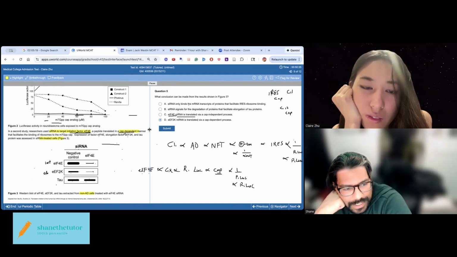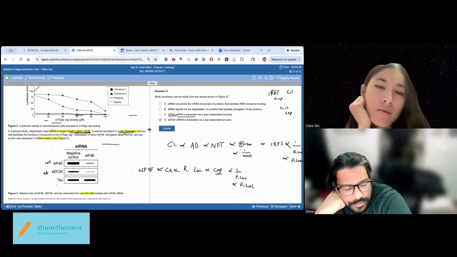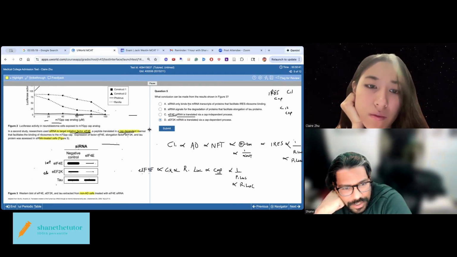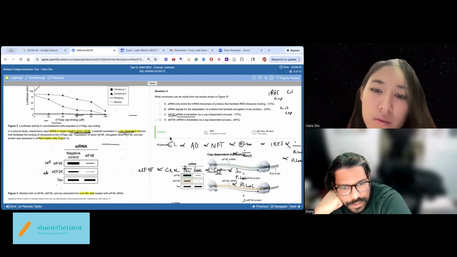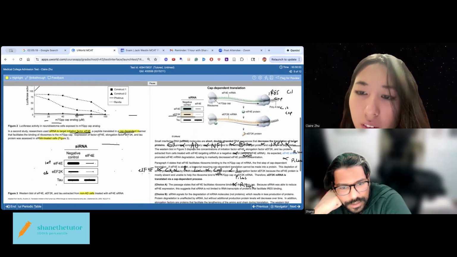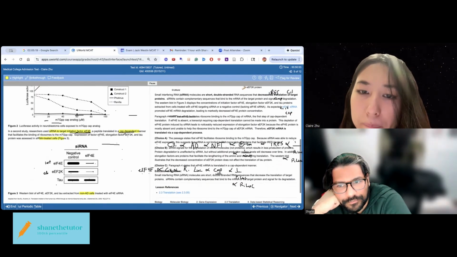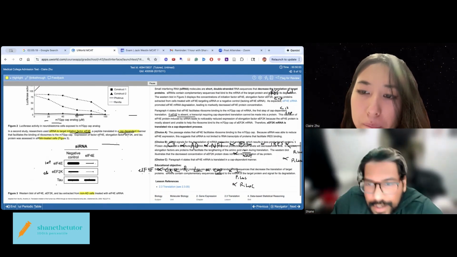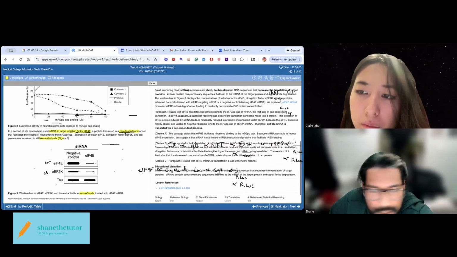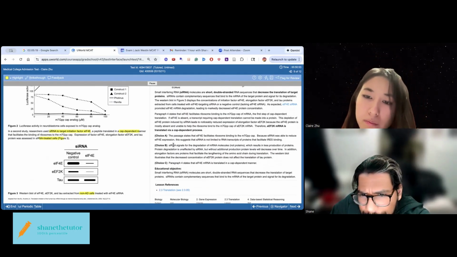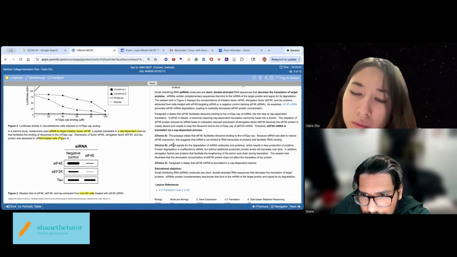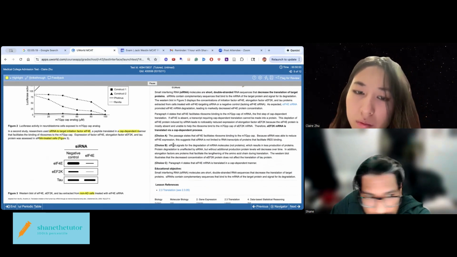And I guess that's why we see a thinner band for when you get rid of the one that causes initiation. Dependent. All right, let's see. Okay. Negative control.